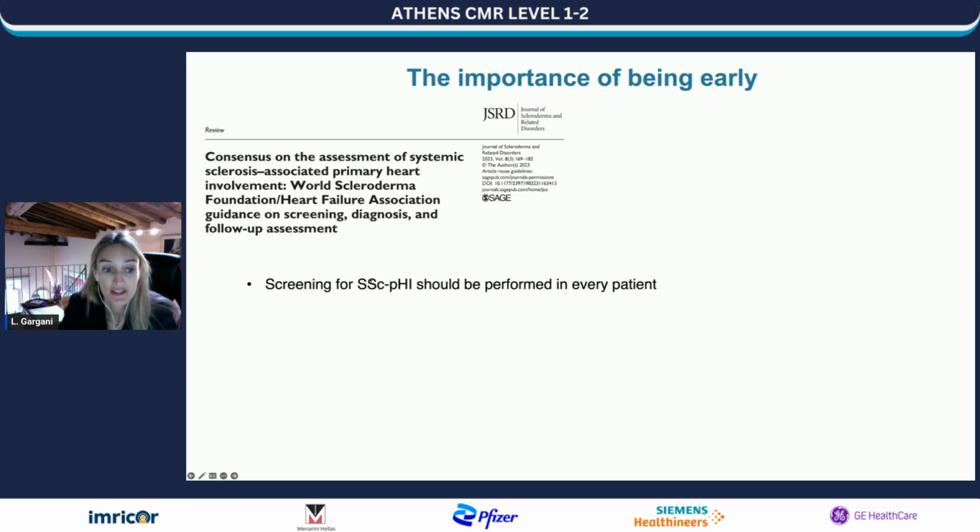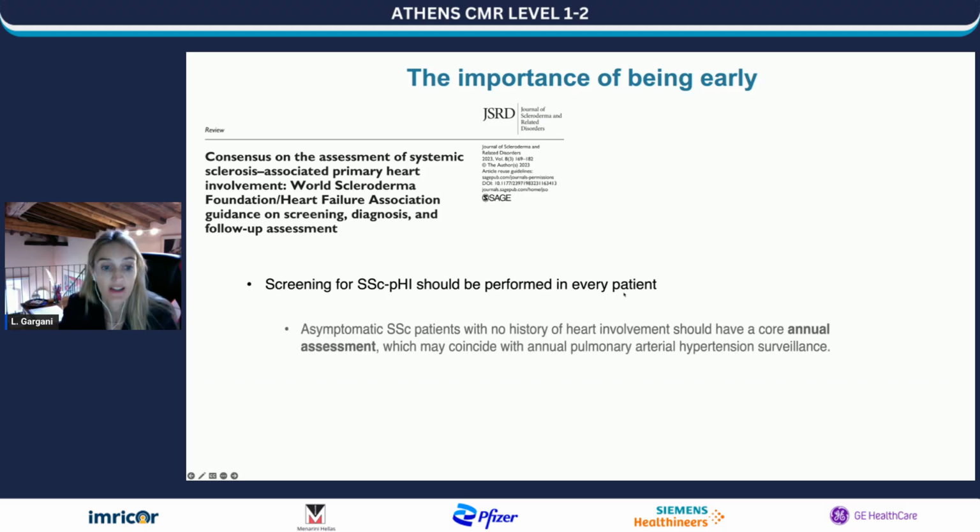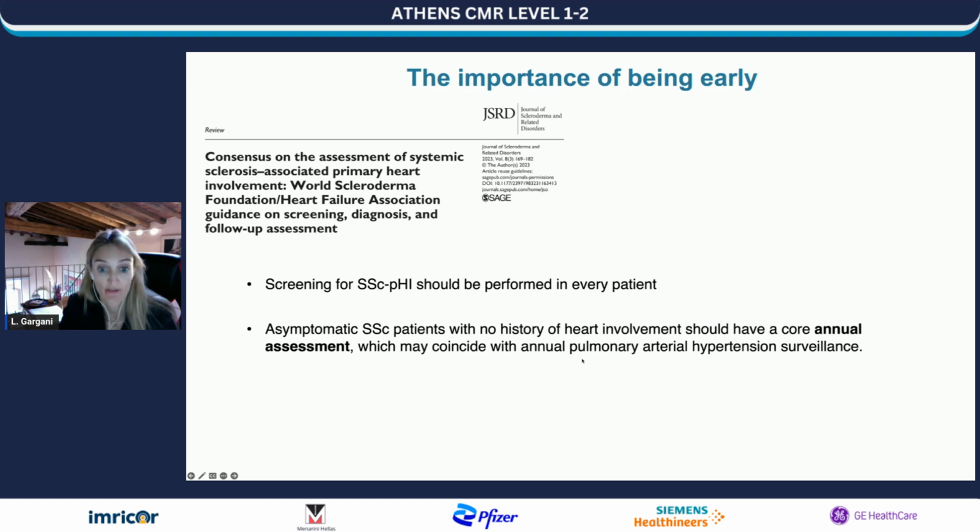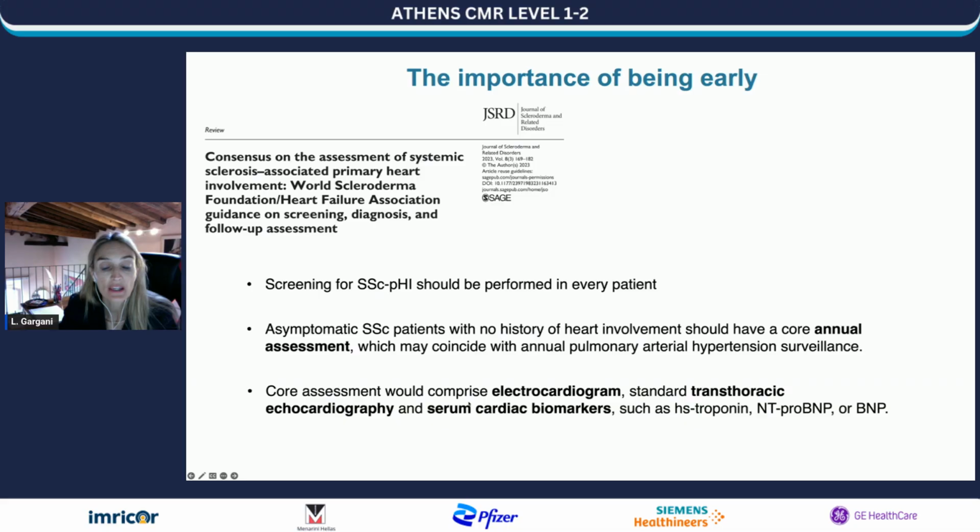So the screening for a primary heart involvement, here we are mentioning systemic sclerosis, but this is a kind of example for all the autoimmune rheumatic diseases, should be performed in every patient. This should be done annually if you don't have a previous history of cardiac involvement. And it should be a very comprehensive assessment, including electrocardiogram, transthoracic echo, and cardiac biomarkers.